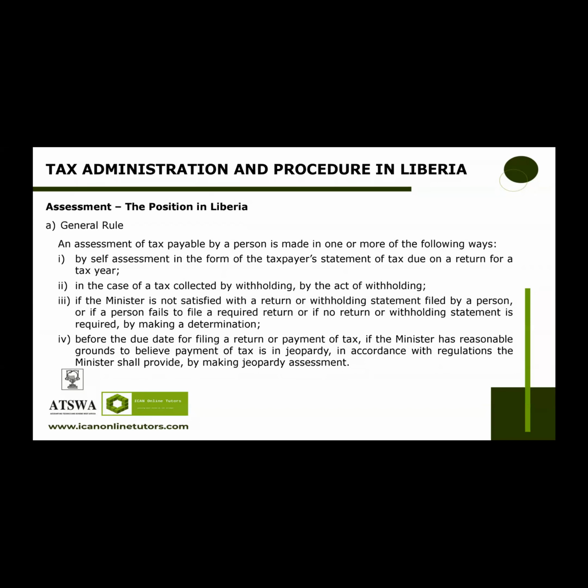We have a general rule, and the general rule states that an assessment of tax payable by a person is made in one or more of the following ways. One, by self-assessment in the form of the taxpayer's statement of tax due on a return for a tax year, and in the case of a tax collected by withholding, by the act of withholding.